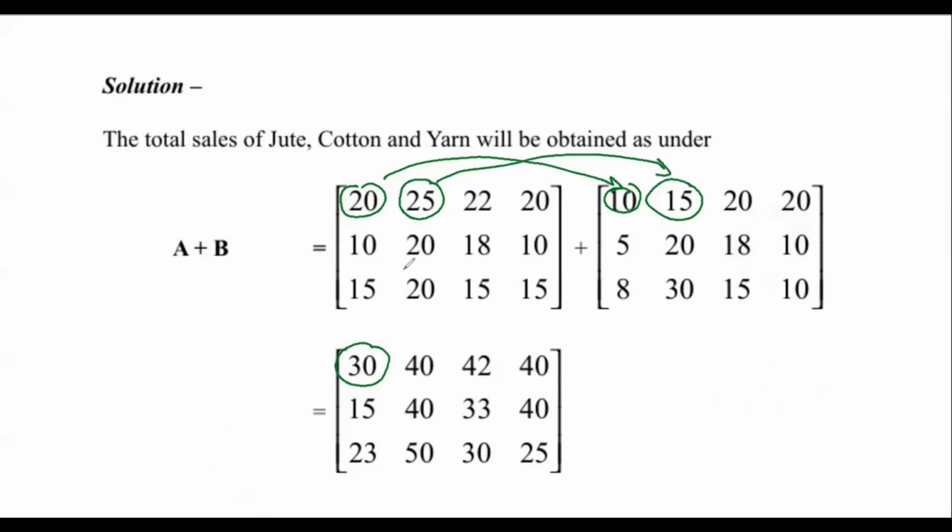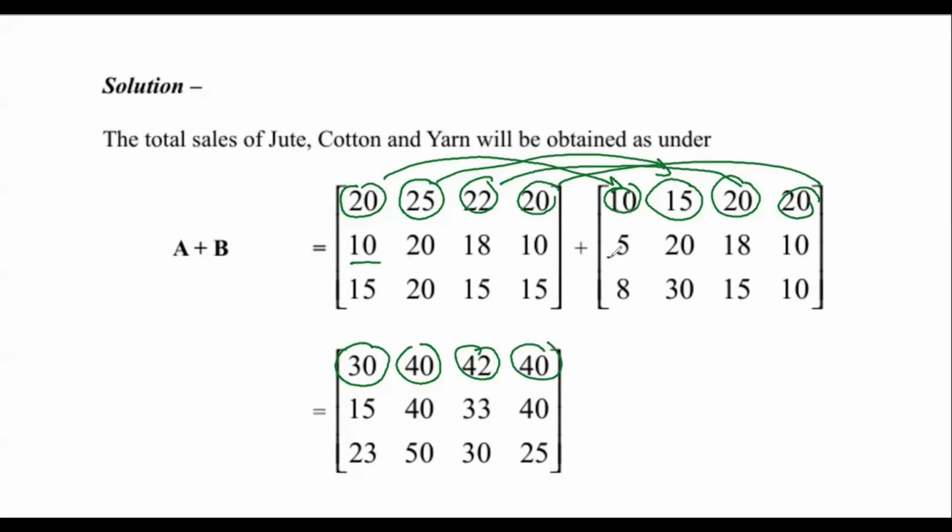I'm trusting that the author correctly added 25 and 15, which gives you 40. You go on, you continue like that. This 10 and this 5 give 15, this 20 and this 20 give 40, and so on. And you add it all across the rows. That's what you get.